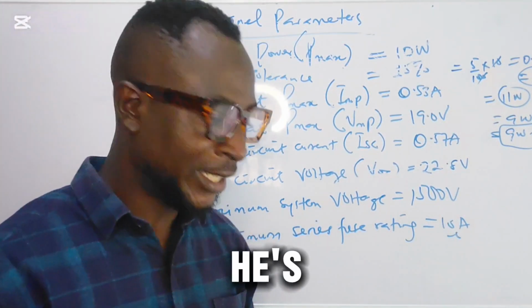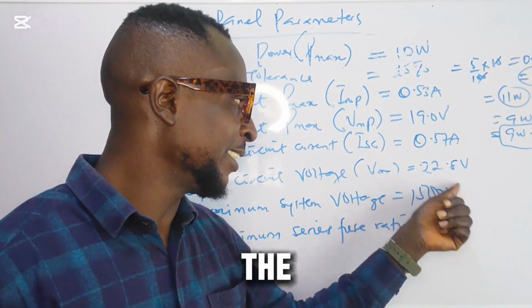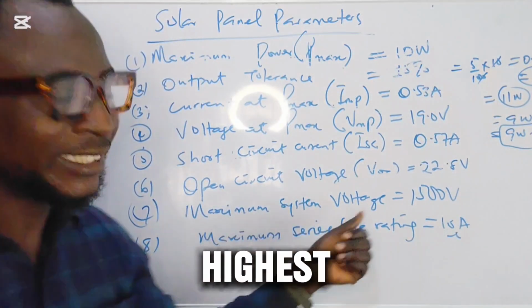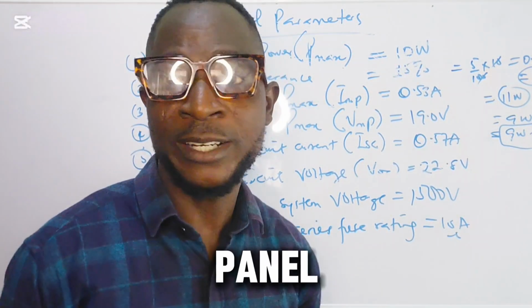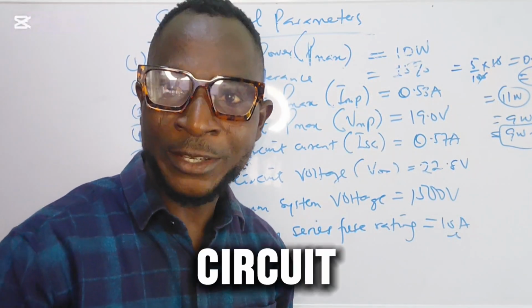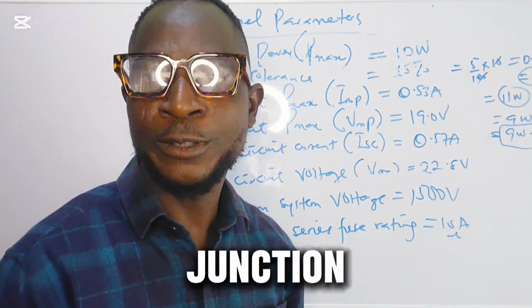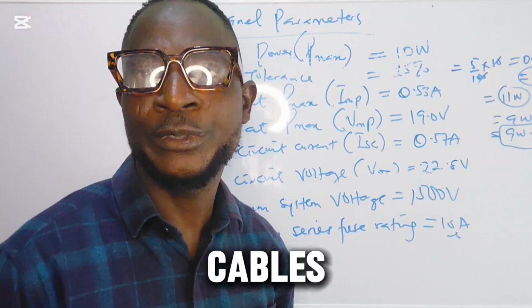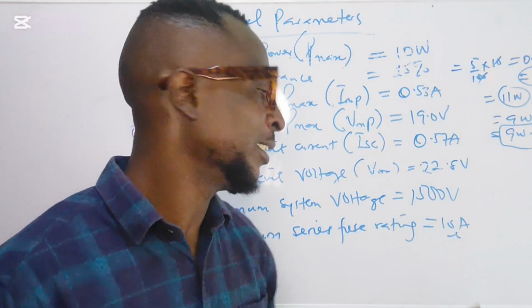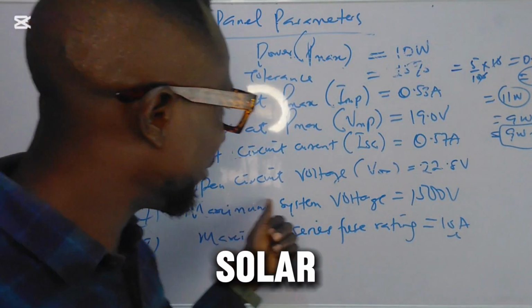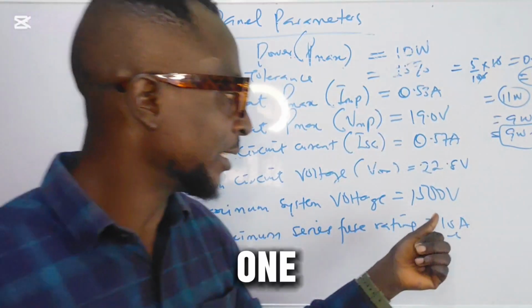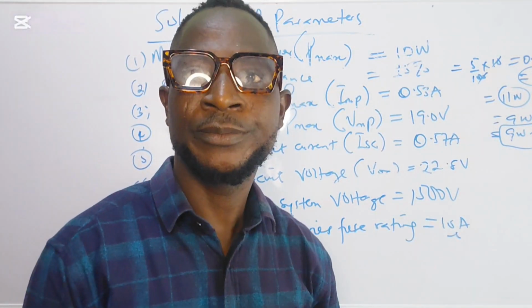Yeah, it's telling you that this is the highest amount of voltage this solar panel can withstand. The circuit, the diodes, the junction box and the rest, the cables, the maximum voltage this solar panel can withstand is 1500 volts.